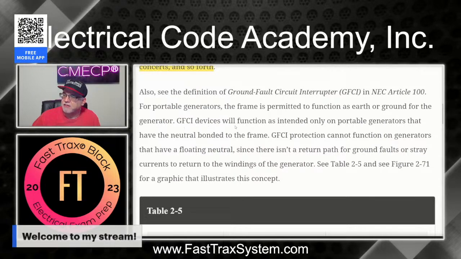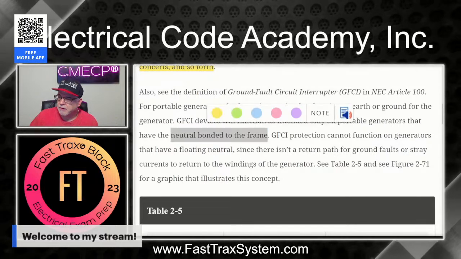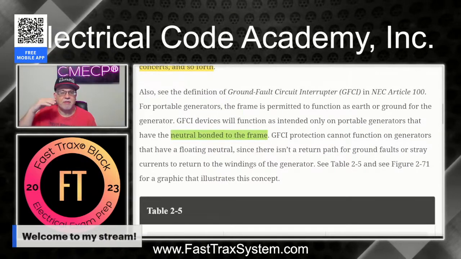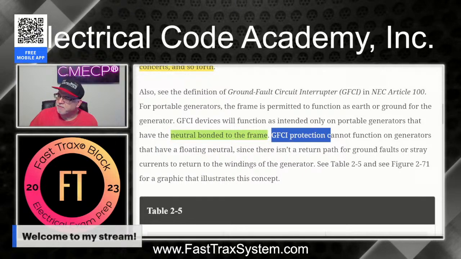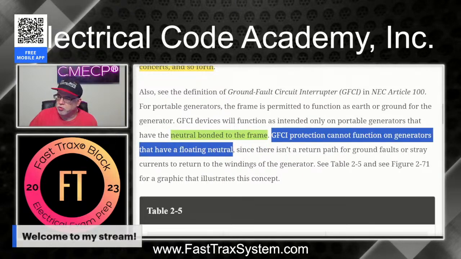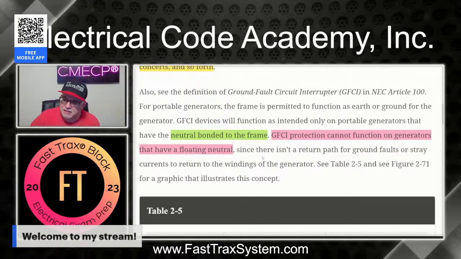GFCI devices will function as intended only on portable generators that have the neutral bonded to the frame. We can't make that any clearer. GFCI protection cannot function on generators that have a floating neutral. Again, not sure how clear we can make that to folks.